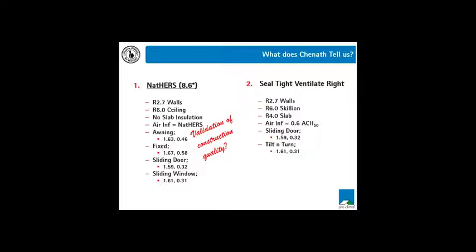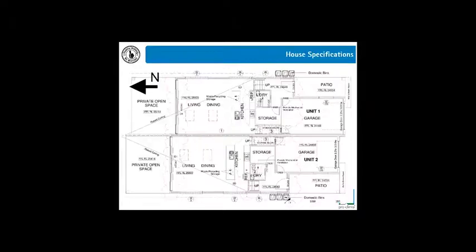If I go a step further and take, well, okay, let's seal this building tight and let's ventilate it right. So we up the insulation a little bit, we bring down the air leakage, or make the air tightness better to international best practice, 0.6 air changes at 50 pascals. And we put on the best performing windows we can find in terms of U value and low solar heat gain coefficient. So this is the building. This is the floor plans of the duplex.